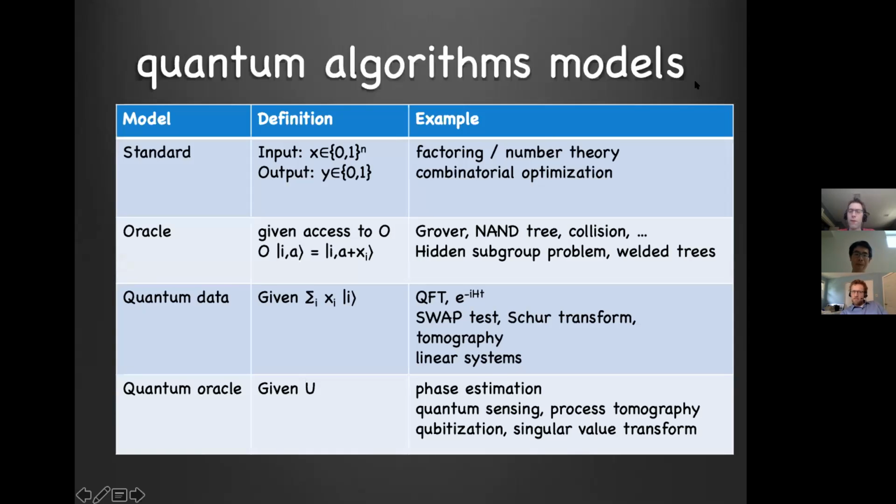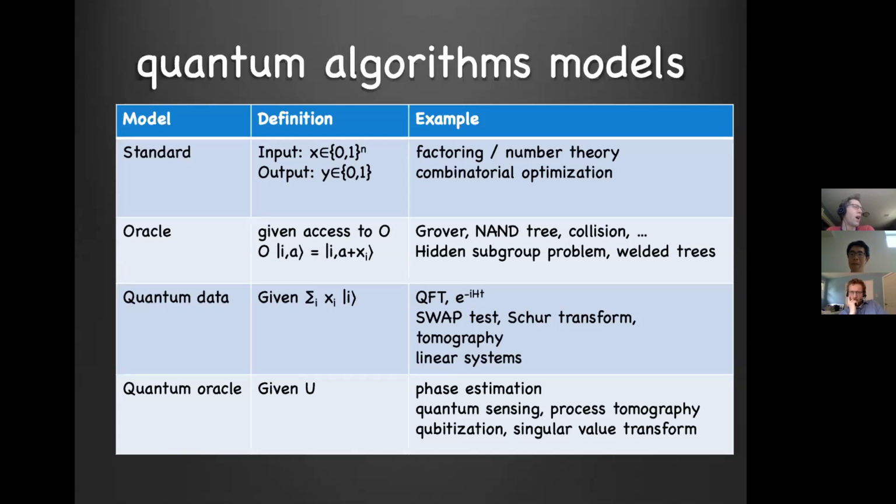Before I get into specifically my results, I want to talk briefly about how we should think about quantum algorithms. If you read papers that have come out in quantum machine learning, it's sometimes a little confusing to know what is achieved, because to understand what's achieved, you have to know the input model that they're using.